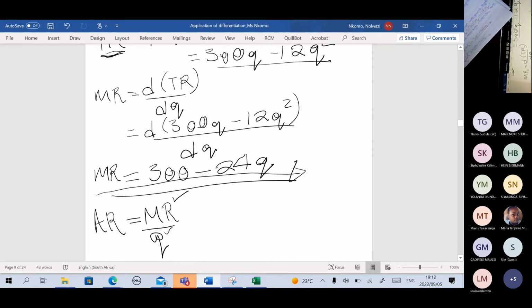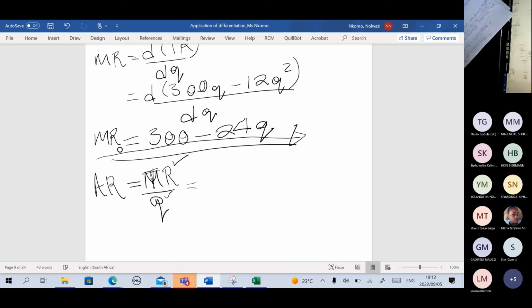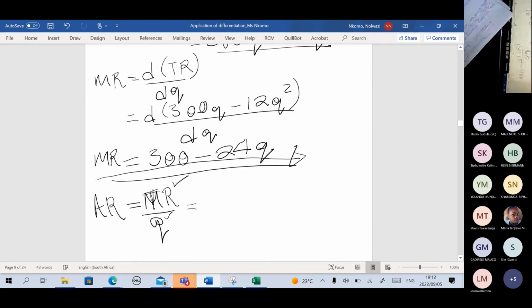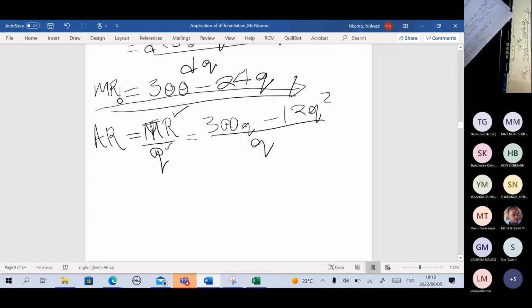It's supposed to be TR over Q, sorry. TR over Q. And our TR is, in this case, 300Q minus 12Q squared, okay, over Q. So this means our average revenue is equal to 300 minus 12Q.